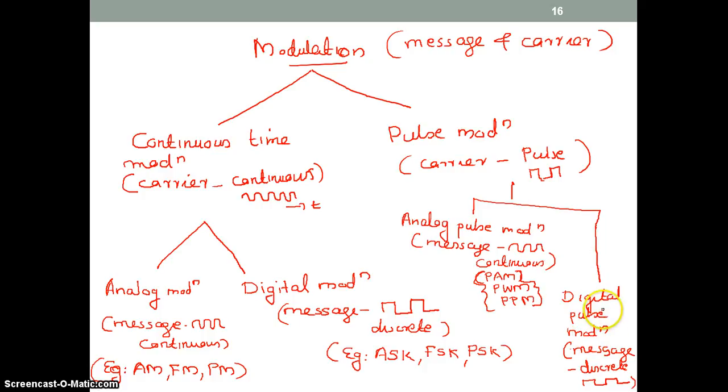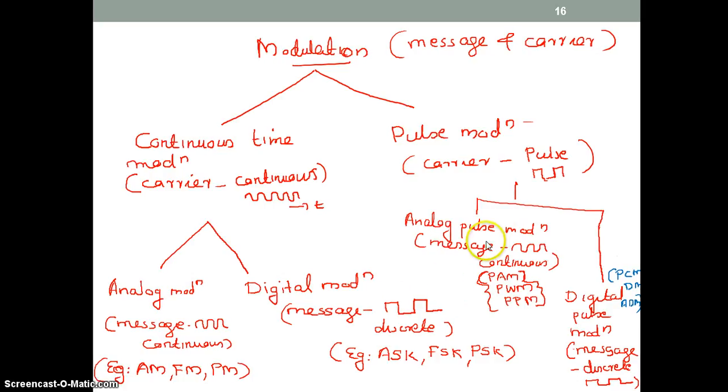Examples of digital pulse modulation are PCM, delta modulation and adaptive delta modulation. So they are PCM, DM, ADM. They are the examples of digital pulse modulation.